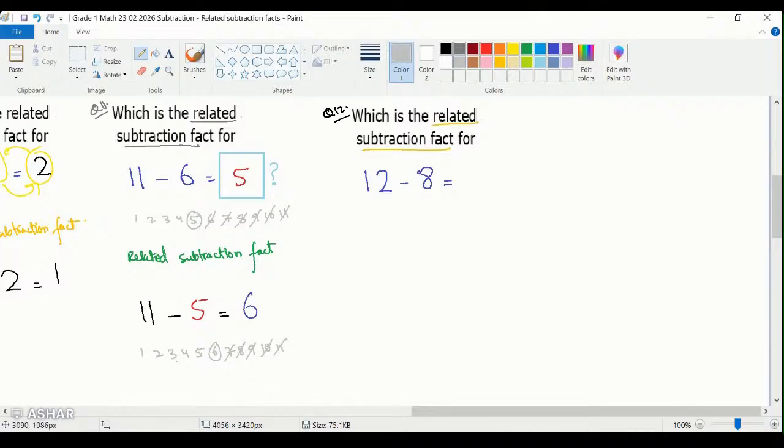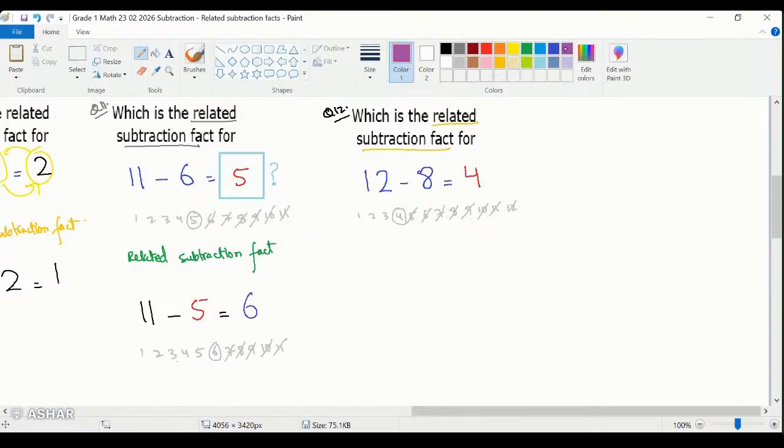What about question number 12? 1, 2, 3, 4, 5, 6, 7, 8, 9, 10, 11, and 12. If we need to remove 8, we are left with 4. Great.